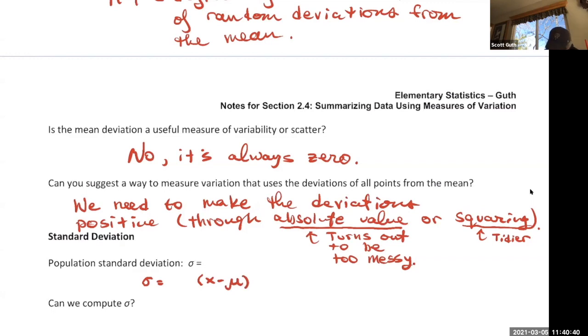Instead of adding them up, we square them, add them up, and average them, dividing by the population size. That's the average squared deviation, and we just take a square root to make it an average deviation. This doesn't ever come out to be 0 unless the numbers are all the same number.